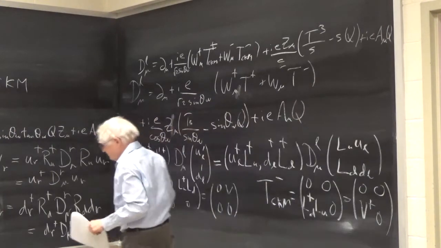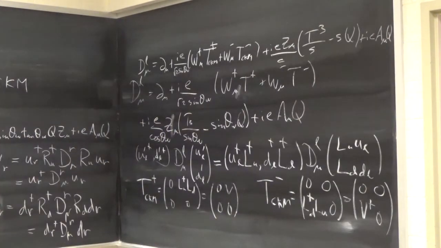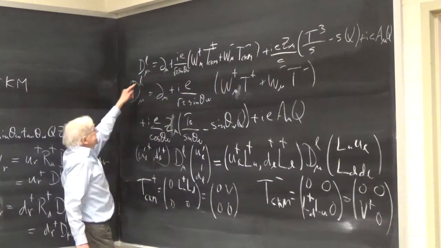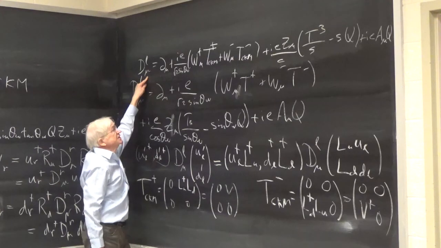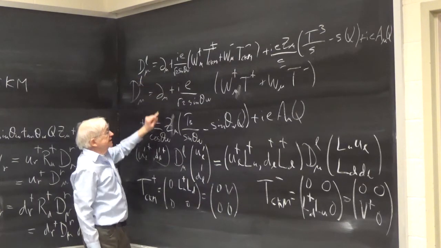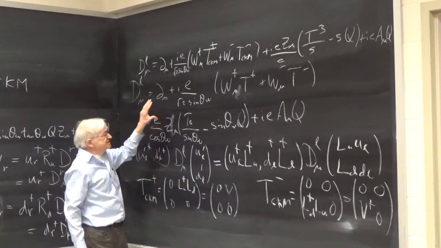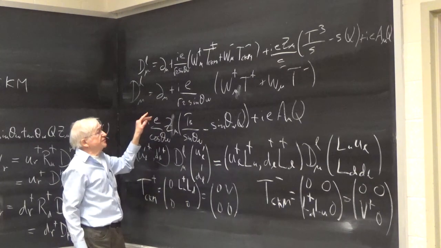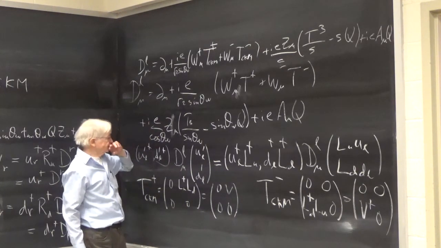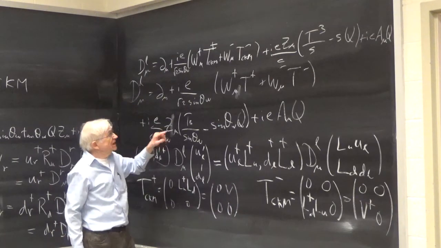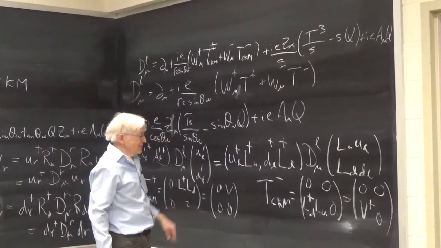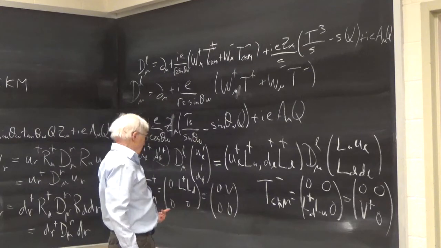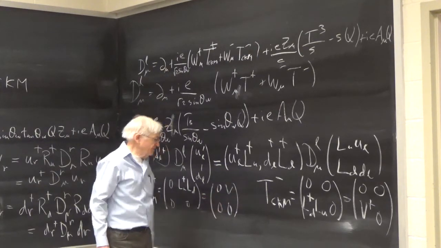Okay, so that's what happens when we finish the analysis, namely that the left-handed covariant derivative is like the original, the one family covariant derivative, except that the T pluses and T minuses take this form.